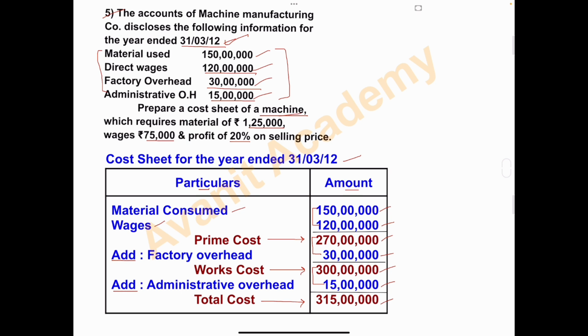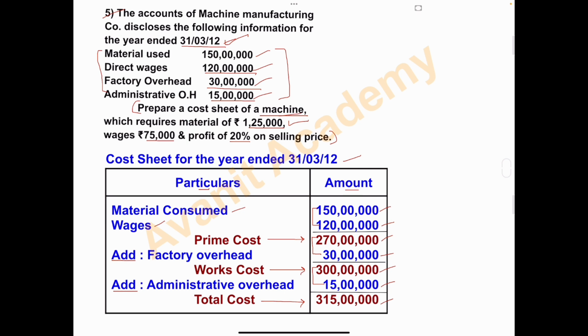Taking this paragraph information, we have to prepare one more cost sheet, that is the estimated cost sheet of a machine. The material cost for the machine will be 1,25,000, wages is 75,000, and profit of 20% of selling price. Here they have not given information related to factory overhead or administrative overhead.